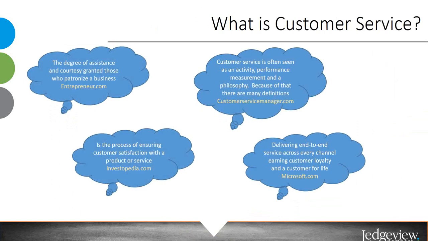But if we look at a visual, it's all around all these different channels, all these different areas that people can talk into you, and then you as a company or as an agent have to react.